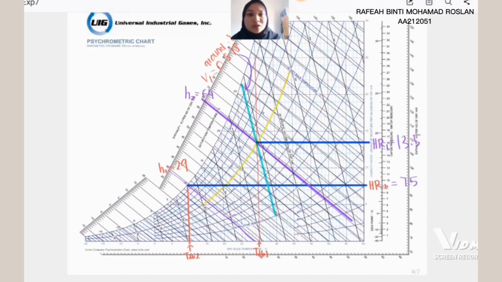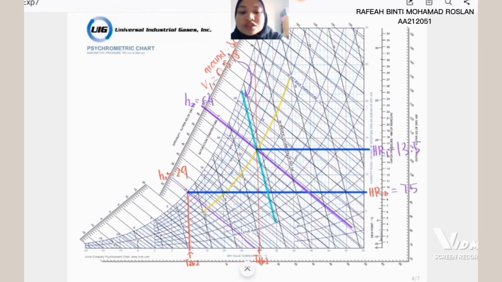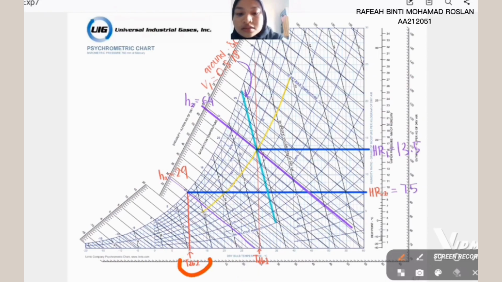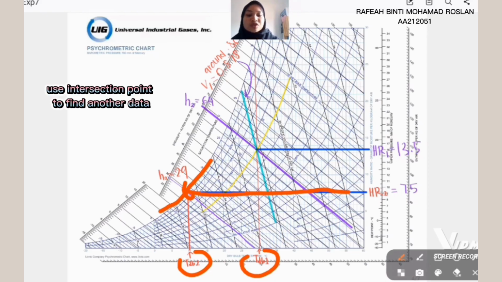We can plot all the data that we have, such as the dry bulb temperature. We make a straight line at 10 degrees Celsius and 30 degrees Celsius. As stated in the question, 10 degrees Celsius is the final saturation condition, which means the line should pass the saturated line, and we get the horizontal line, which is its humidity ratio.